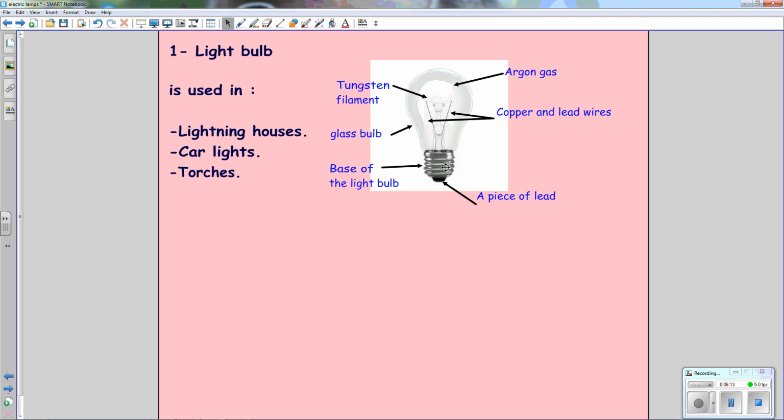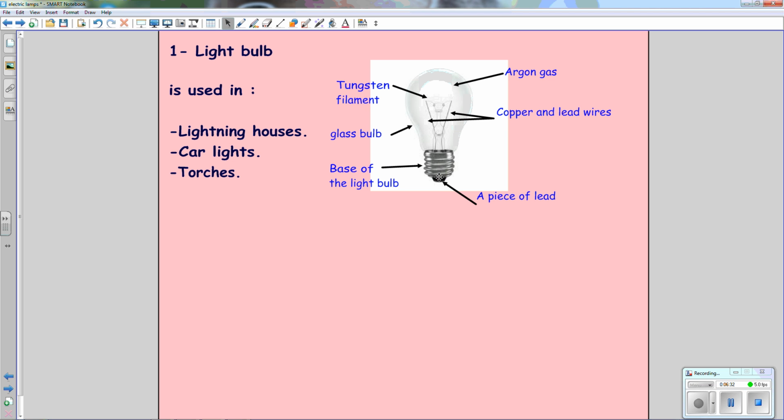What we have here is the structure of the light bulb. So the light bulb is composed of, first, from outside, the glass bulb. The glass bulb is made of glass.